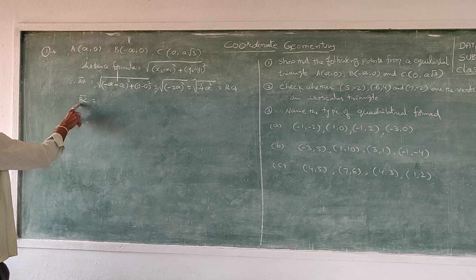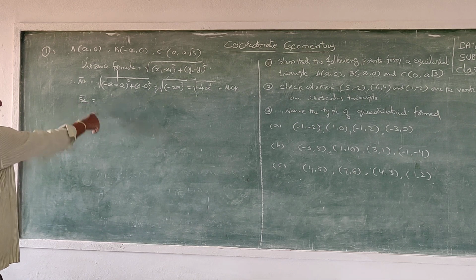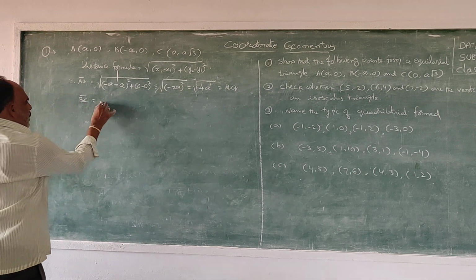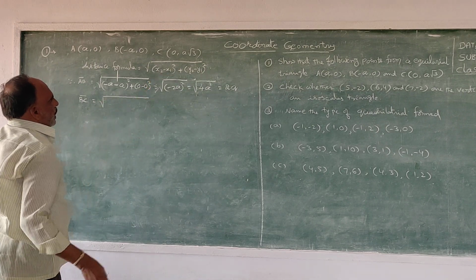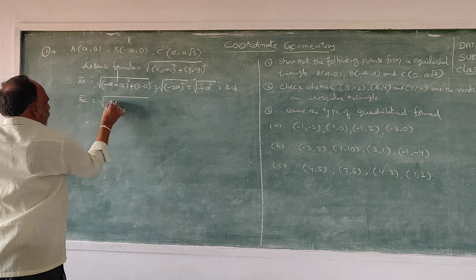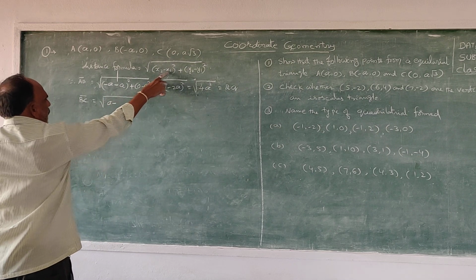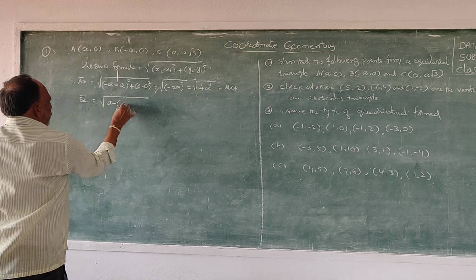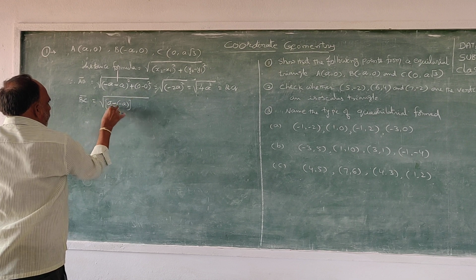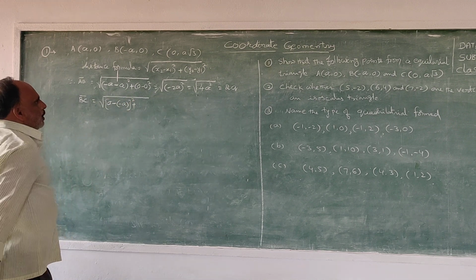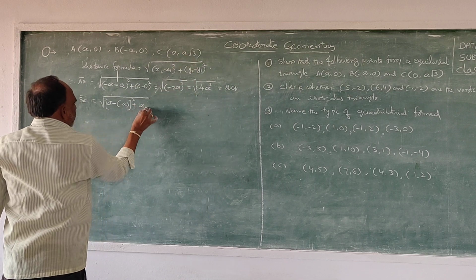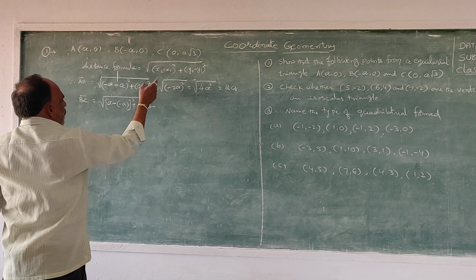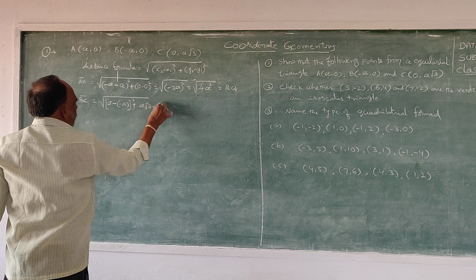To compare, B is (x1, y1) and C is (x2, y2). Use the distance formula: x2, which is 0, minus x1, which is minus a, whole square, plus y2, which is a root 3, minus y1, which is 0, whole square.